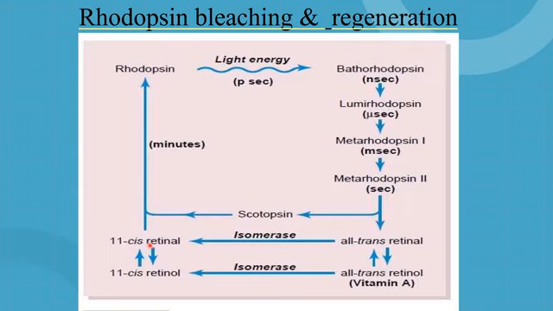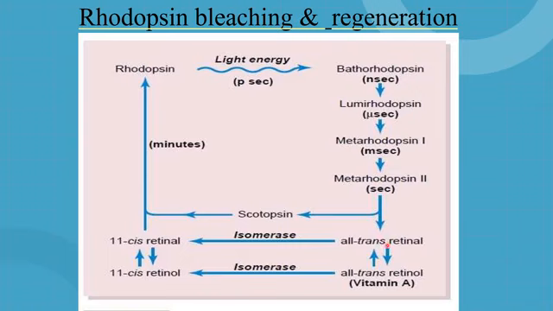It takes few minutes for one regeneration cycle to get completed. So in few minutes the 11 cis retinol will be combining with opsin to form the rhodopsin in the outer segment layer of the rods. So when light strikes the retina, the rhodopsin will be converted to all trans retinol, the most stable form, and the rhodopsin will be converted finally to meta-rhodopsin by a series of changes.